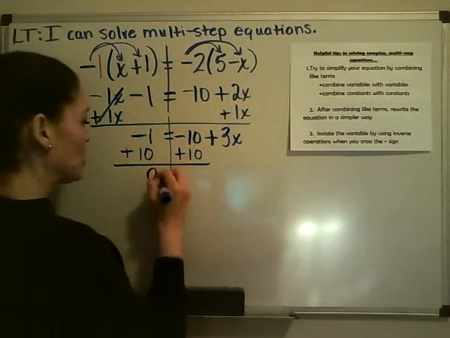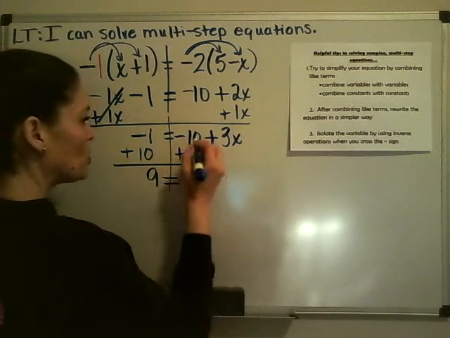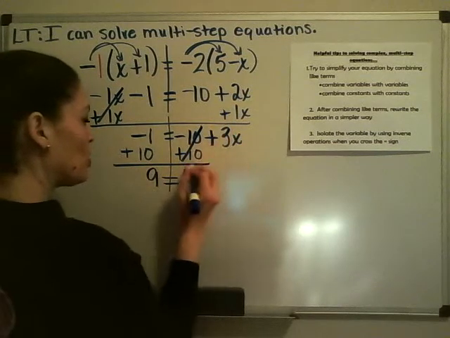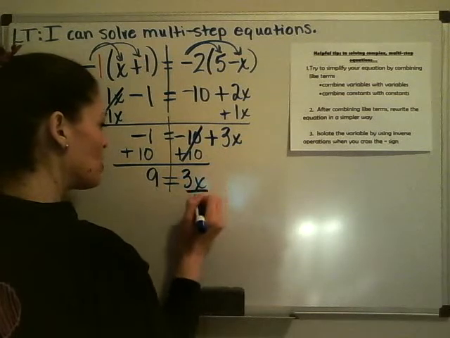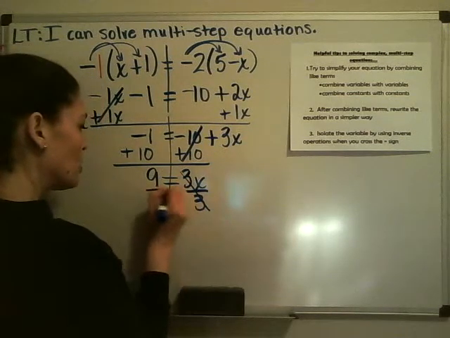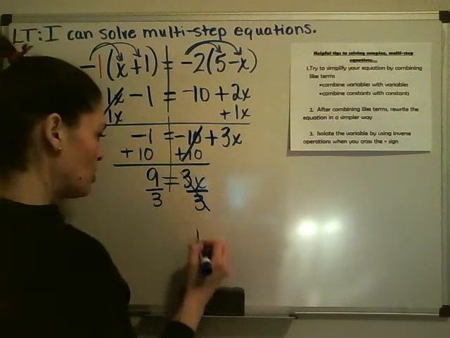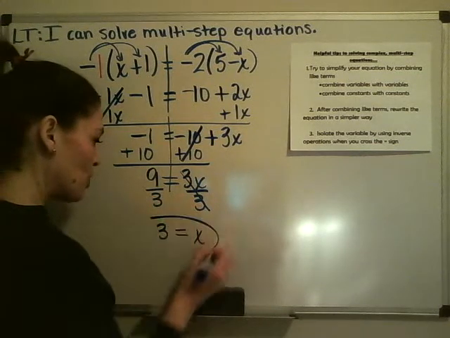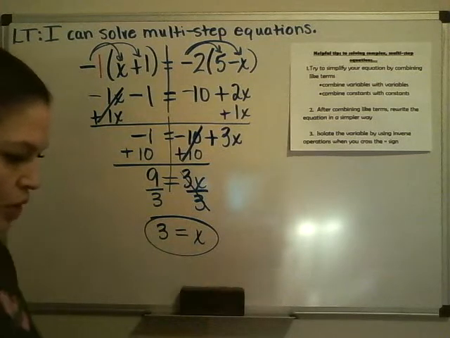Well, that's going to be 9. 9 equals, oh, I forgot to cancel over here. 9 equals 3x divided by 3, divided by 3. X equals 9 divided by 3, 3. There you go.